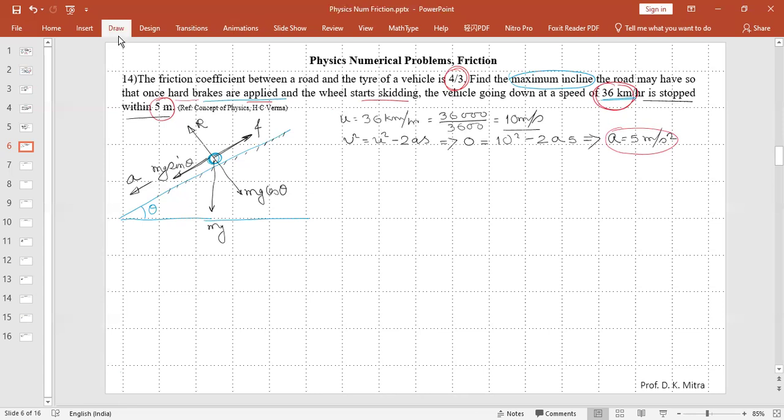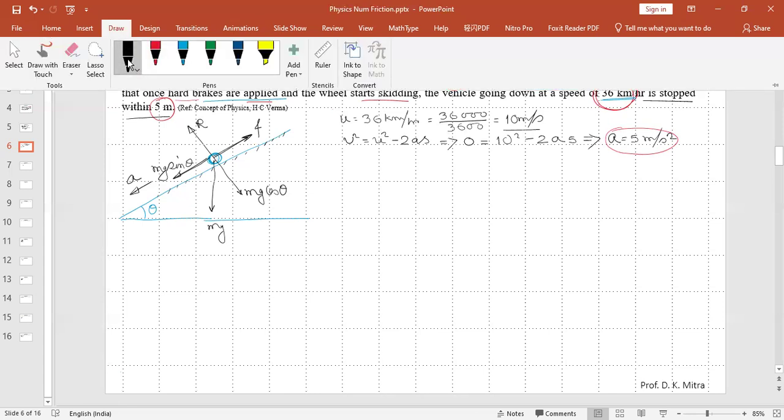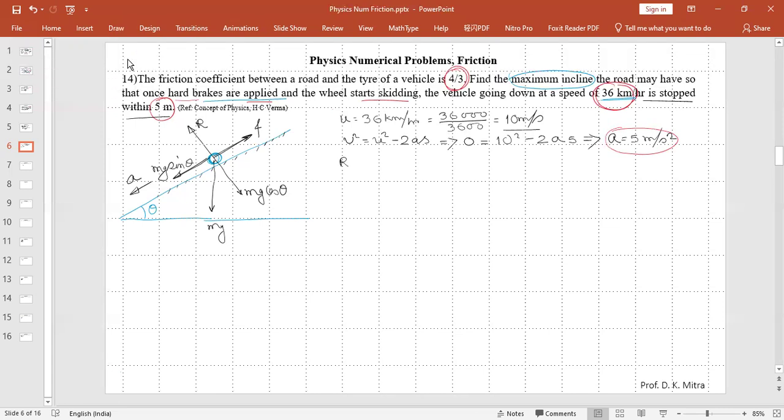Next, let us find what is this frictional force. To find the frictional force, we first find the value of R. Frictional force F is equal to mu R, where mu is given as 4 by 3, and R is mg cos theta.